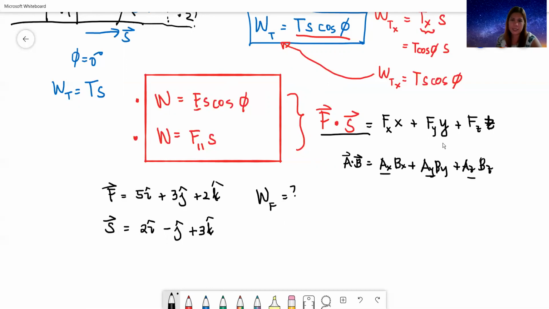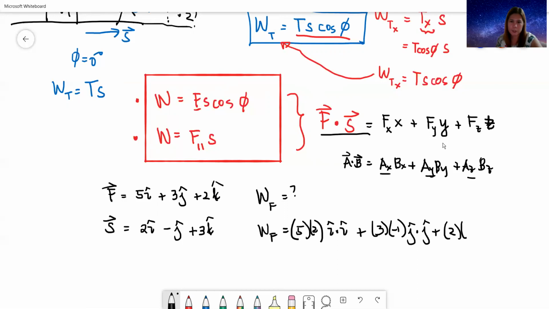Yan. So, the work here will be, puput together natin yung dalawang x. So, 5 times 2, and then you have i dot i plus, ito na ulit, 3 for the y, 3 times negative 1, and then you have j dot j, and then you have 2 times 3 k dot k.